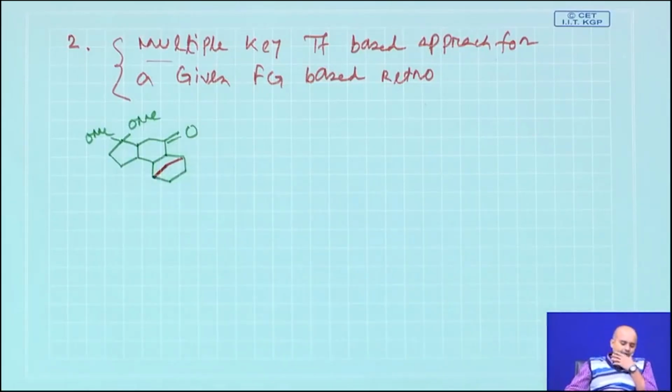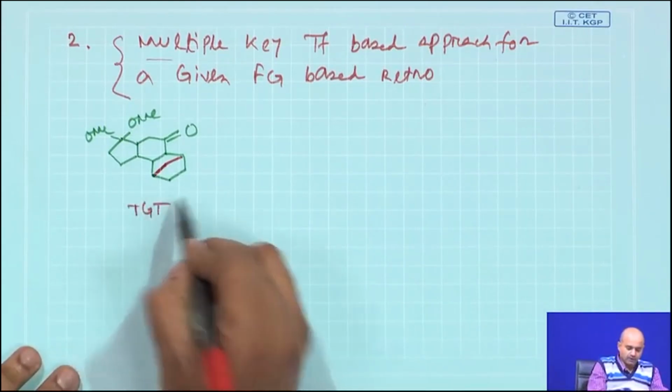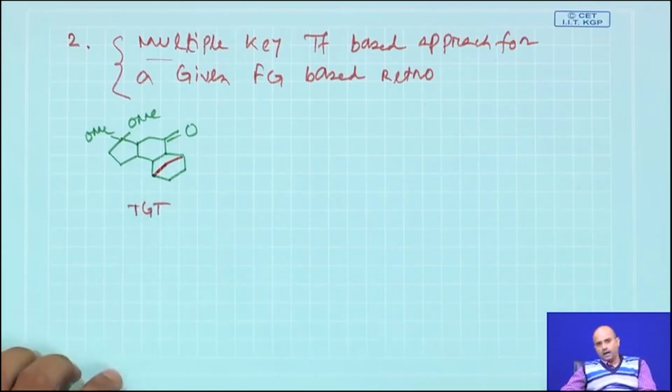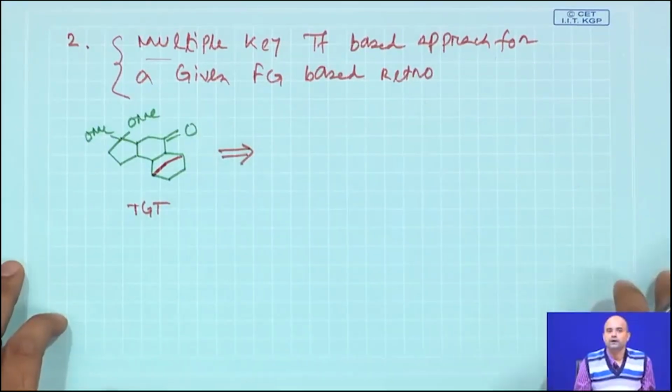Now, once the target structure is known to you, and I have not given the starting material, definitely, as I said, this is a complex scenario, where you can think about where to start from.